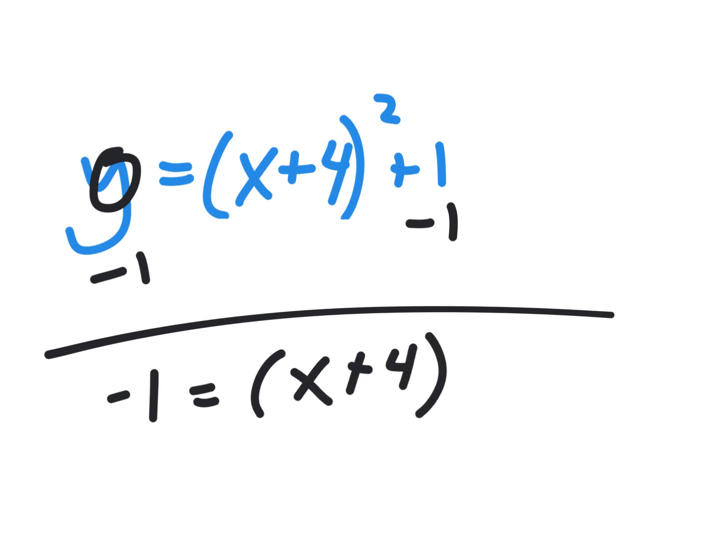Frank, next step. Then you square root both sides. Correct. And then Colin, you noticed something, I hope. It's a negative inside the square root. And therefore, it's imaginary. What is the square root of negative 1? i, or 1i. Either way, that's i.